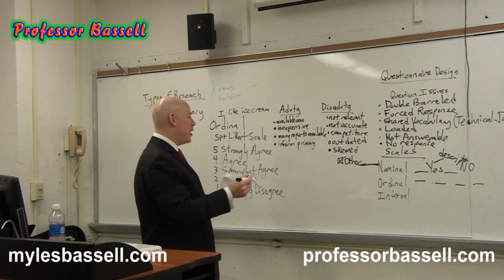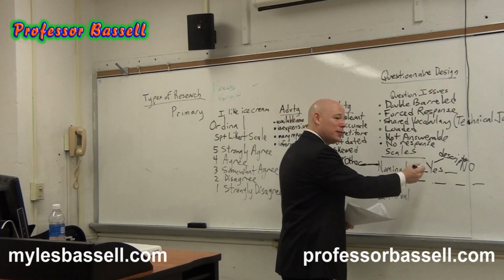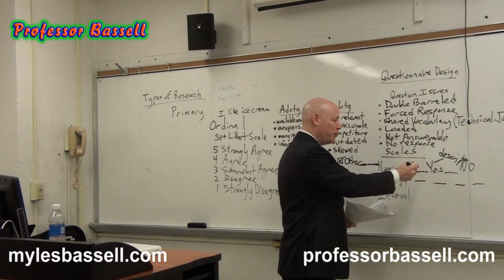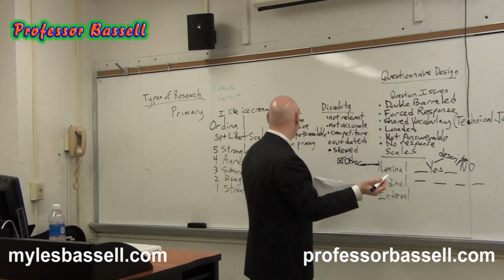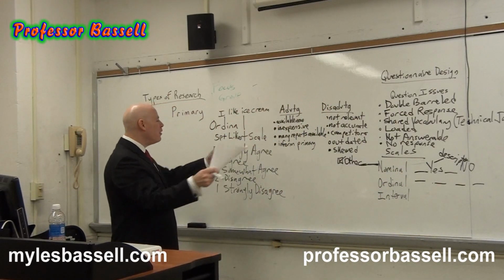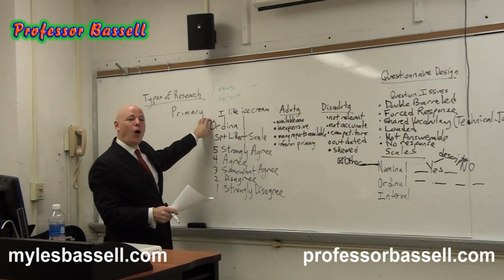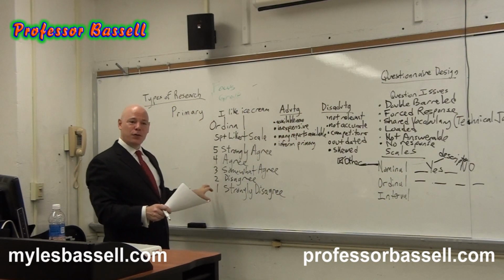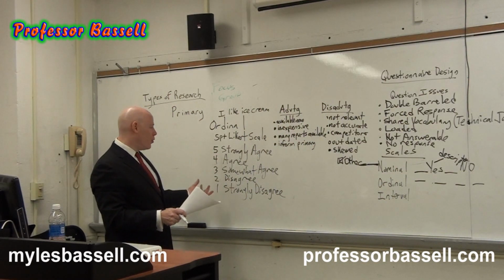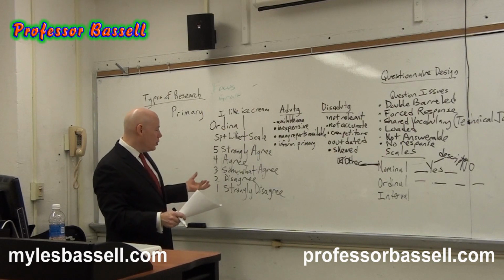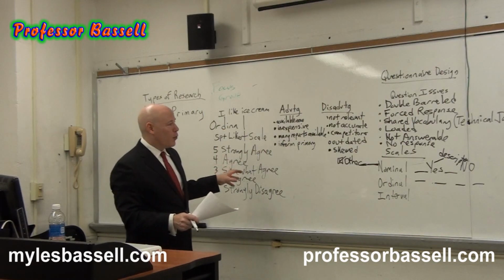Oh, that's a lot better than the nominal scale question. Do you like ice cream? Yes or no? Now we have that level of intensity. That's a key feature of the ordinal scale. You see the difference? This is so much more insightful when we're designing our questionnaire.